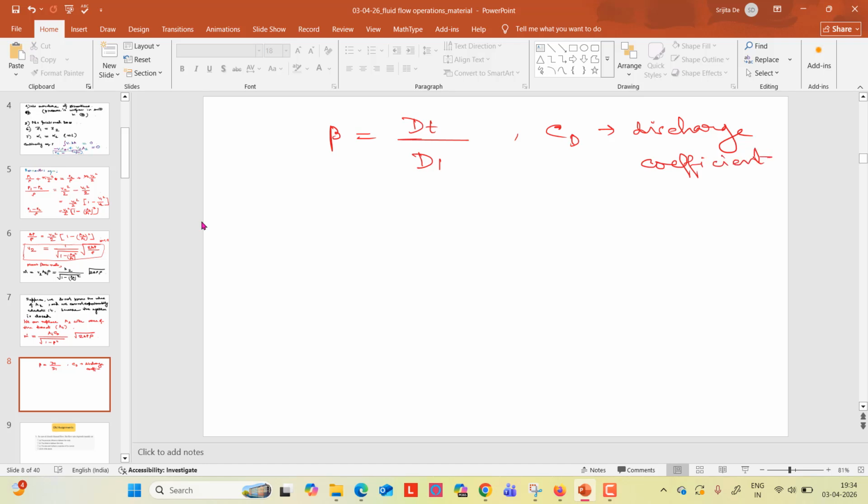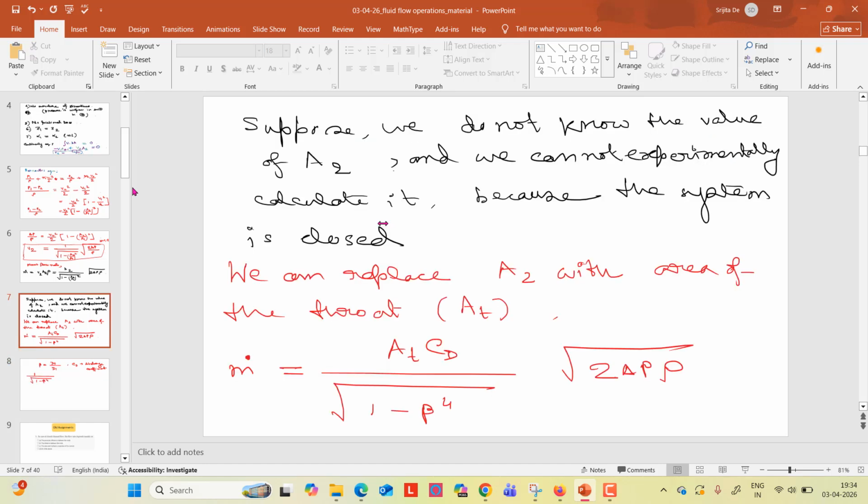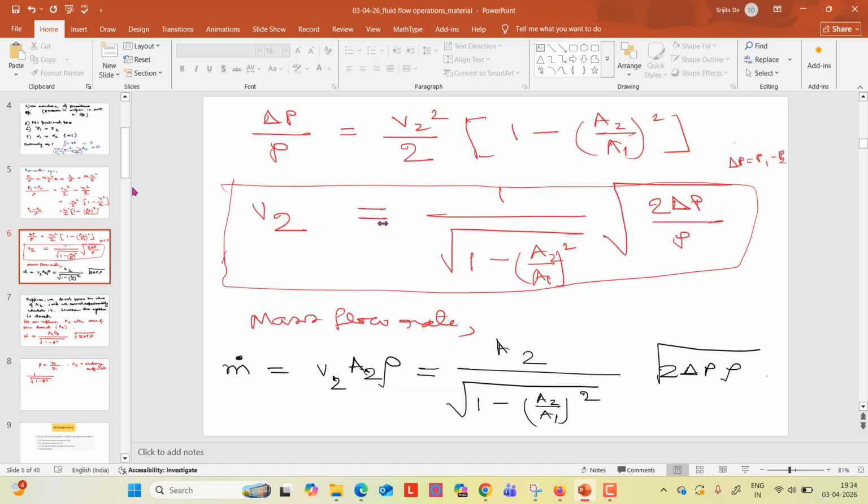Why is it beta to the power 4? Because earlier it was A2 by A1 square, and area is the square of its diameter, right?